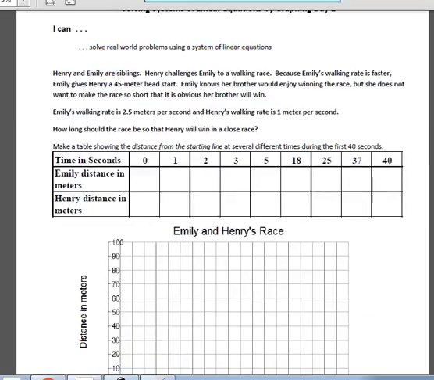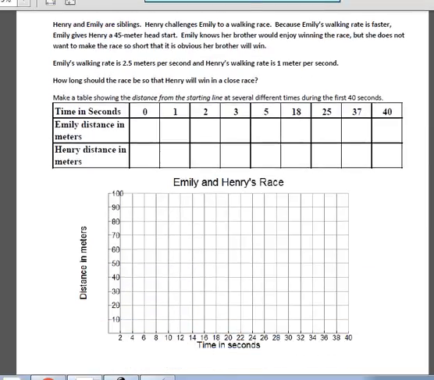I'm going to move the screen up a little bit more so I can read the whole thing and see everything. Alright, Henry and Emily are siblings, brother and sister. Henry challenges Emily to a walking race. Because Emily's walking rate is faster, Emily gives Henry a 45-meter head start.